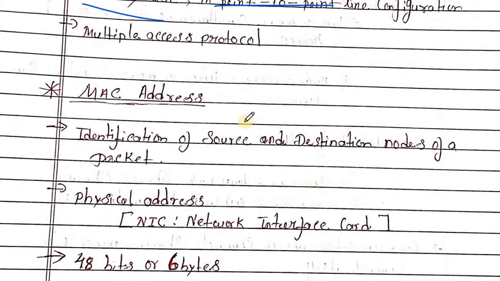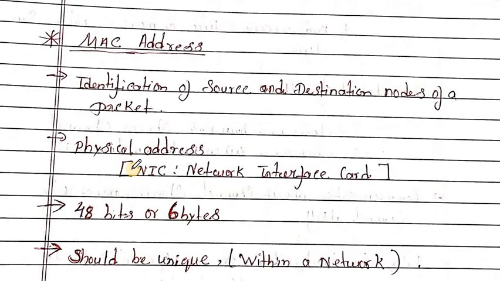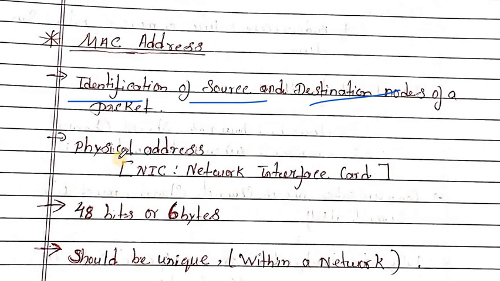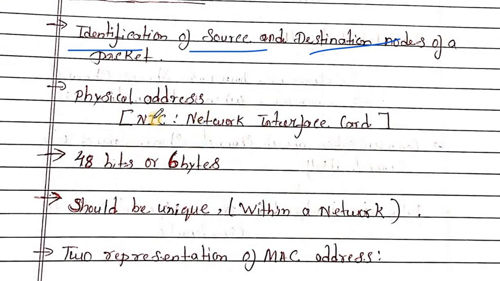So first we'll have the MAC address. What is a MAC address? It is the identification of the source and destination nodes of packets. It is a physical address, meaning the address of the hardware. Every device has a network interface card, through which the device communicates with other hosts.